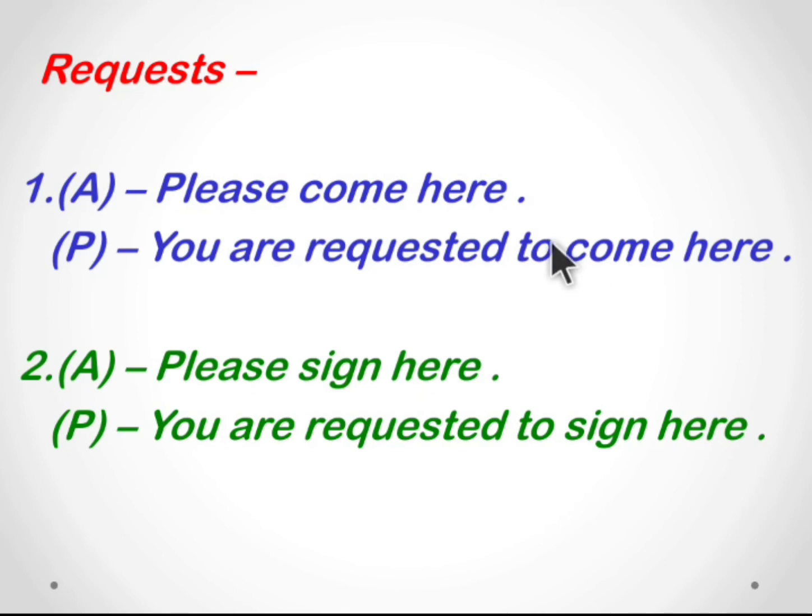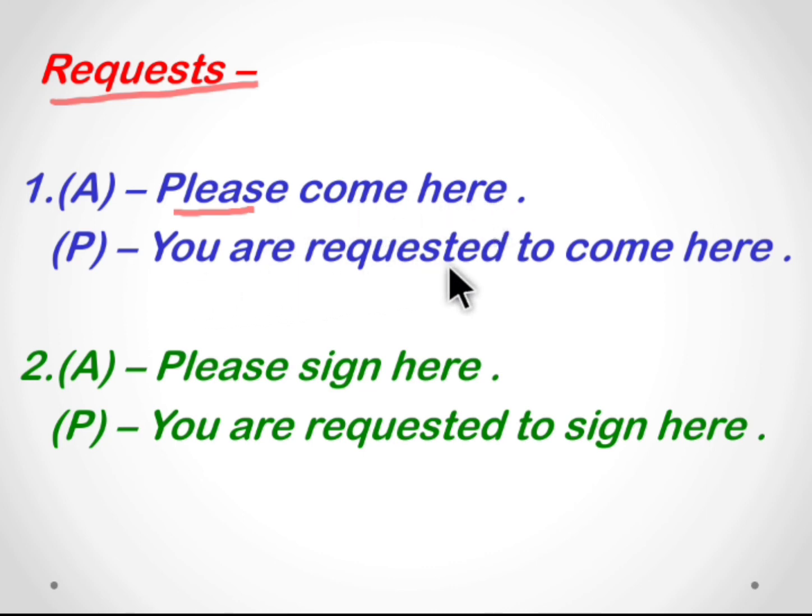Next we have some examples in the requesting type. Imperatives requesting type. We begin the requesting sentences with please. So the pattern in the passive voice is quite a little different. That is, we begin with you are requested. Because it is please in the active voice, we begin with you are requested. Please come here.